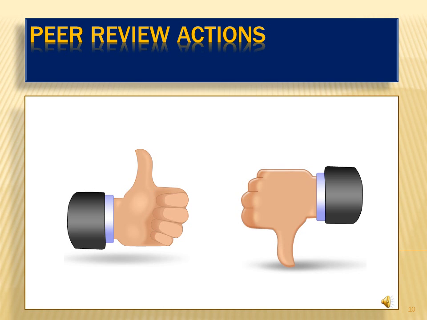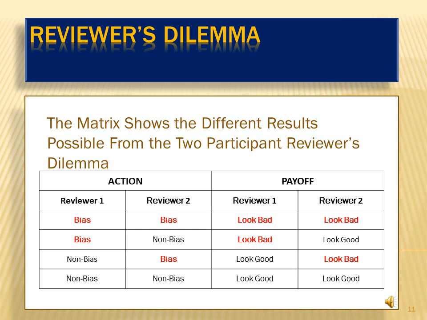For simplicity reasons, a reviewer can say whether the author did a good job or a bad job. Because the reviewer knows the name of the author, it is possible that bias may play a role in the review, so the reviewer can give a biased or non-biased review. If bias is present, it could be for or against the author. So if both reviewers give a biased review, their outcome is very uncertain.